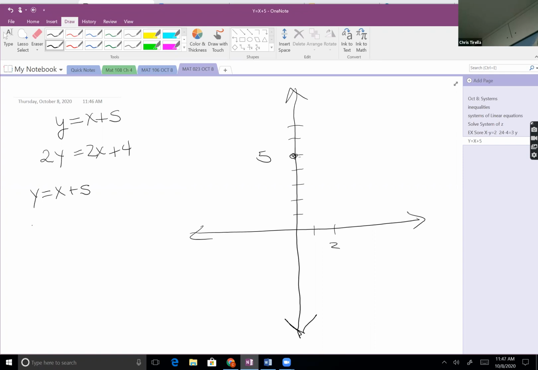When I compare it to y equals mx plus b, b is 5. So I begin at 5. M, the number in front of the x, is 1. So that's 1 over 1. So from this point, I go up 1 over 1. And again, because I don't have a real steady hand, I'm going to do it a couple of times so I have more than 1 point. In my labs, you only need the 2 points.